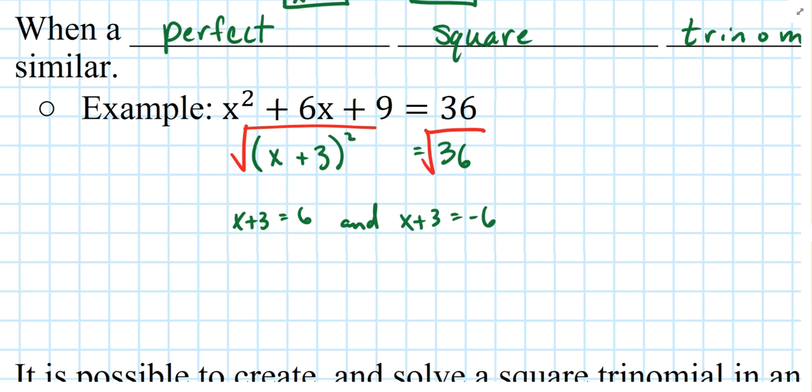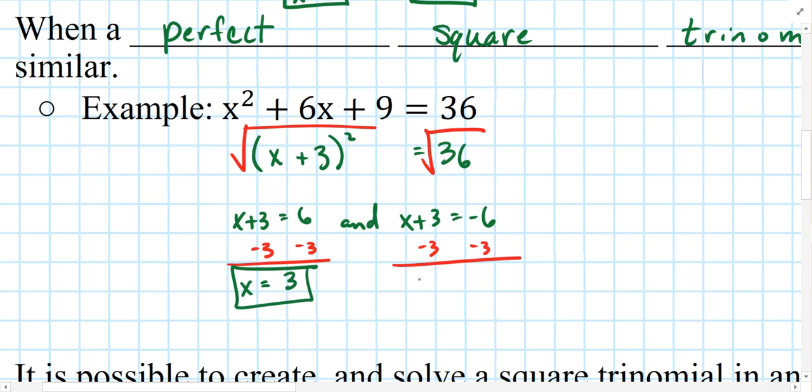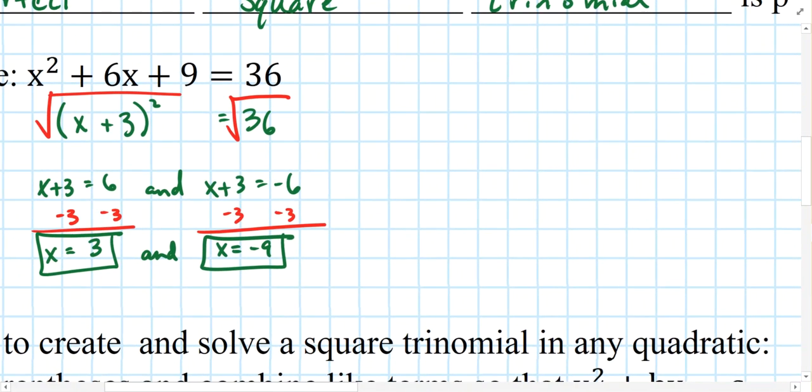When solved, we see our two solutions are 3 and negative 9. Both of these should be checked for accuracy.